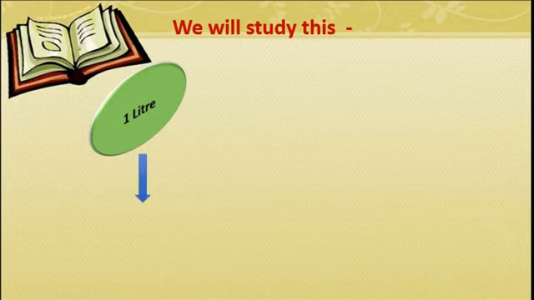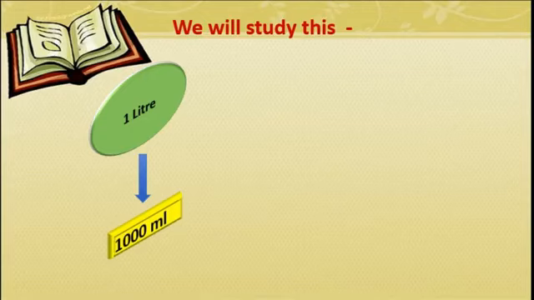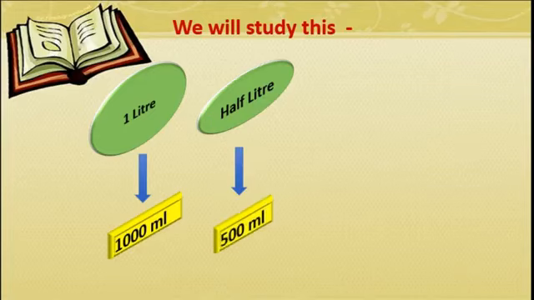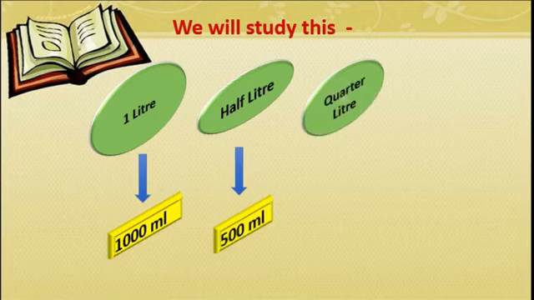We will study this. 1 liter means how many ml? 1 liter is equal to 1000 milliliter. Half liter means how many milliliter? Half of 1 liter, half of 1000, that is nothing but 500 milliliter. Next, quarter liter.